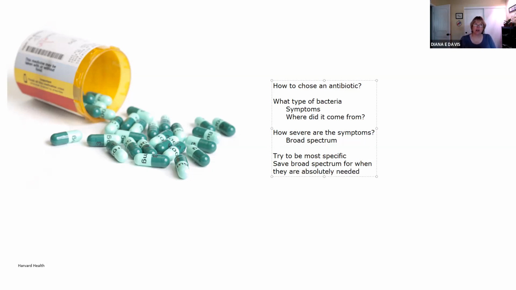So we don't want to start everybody out on things like vancomycin. We want to hold some of those antibiotics back if we can make do with something easier.